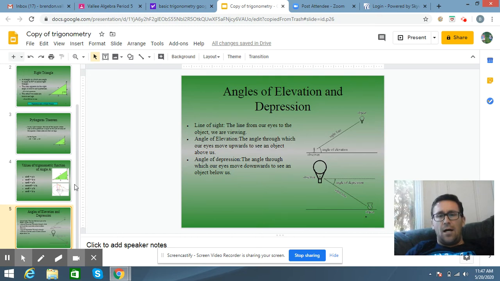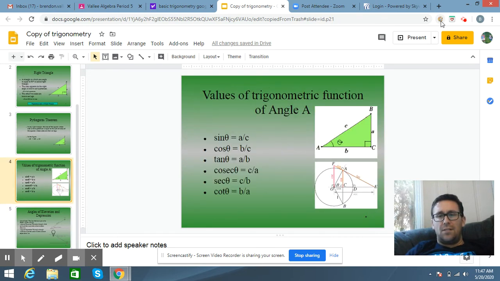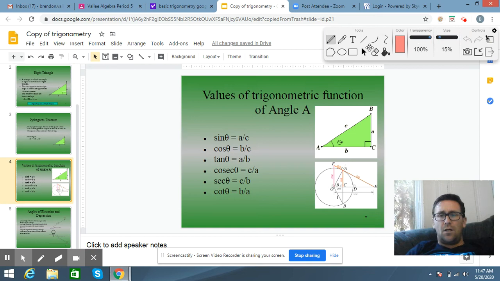Okay, now let's go back to an example of trigonometry. So if I were to change these numbers to 6, 8, and 10, the sine of theta would be opposite, so that's 6 over 10.